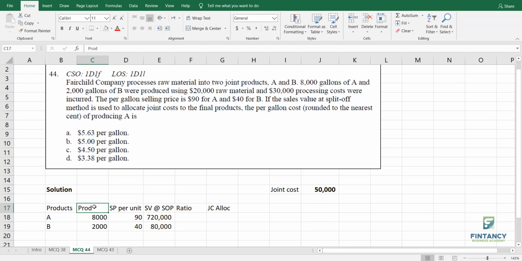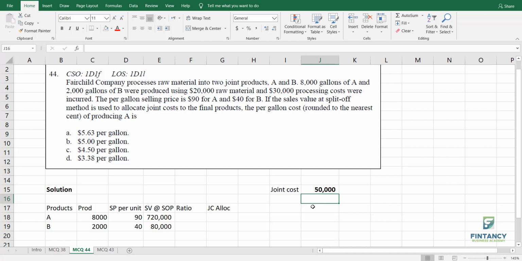The answer is you will take production, because we are allocating production cost. So we will use production units. Getting it? Don't make the mistake of taking the sales units. No. Okay. So always take production units while you are allocating the joint production cost.